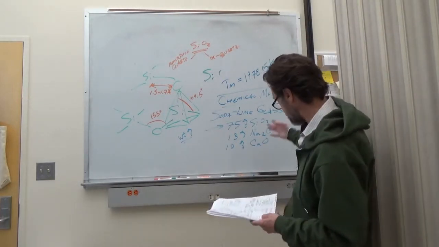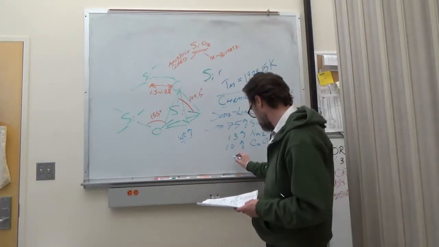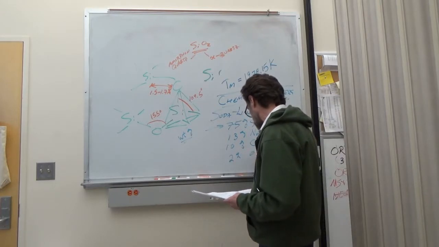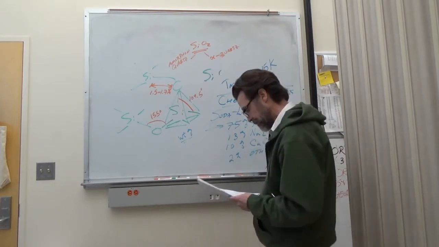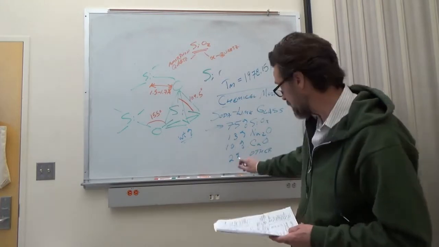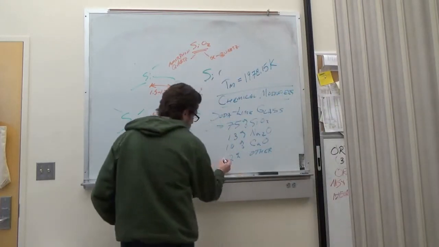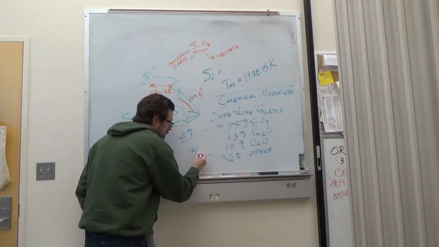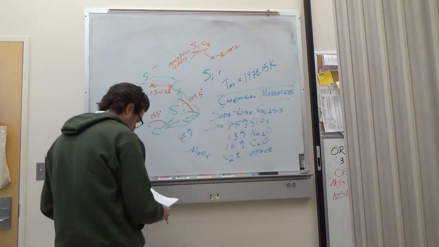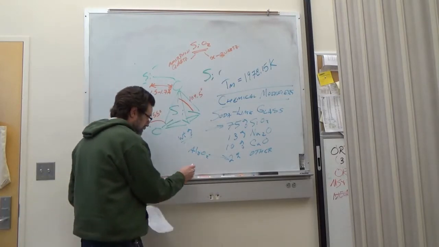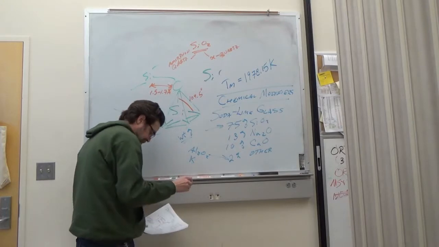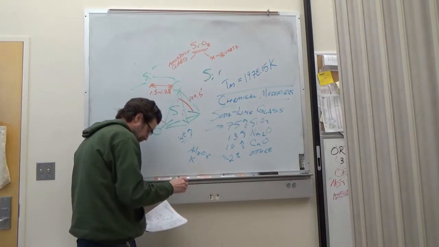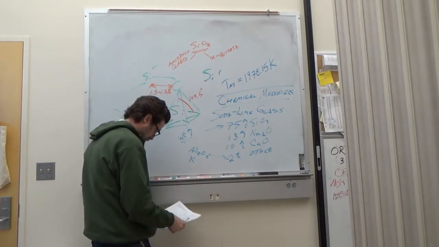And then that gives us about 2% other. And those others can include Al2O3, it can include potassium, it can include, what's that listed here?